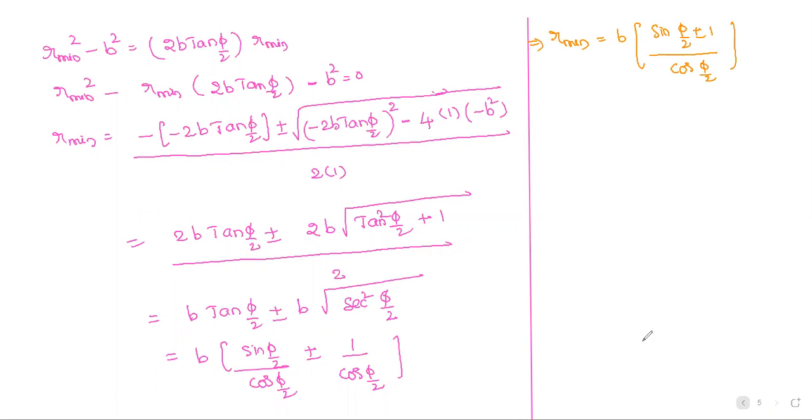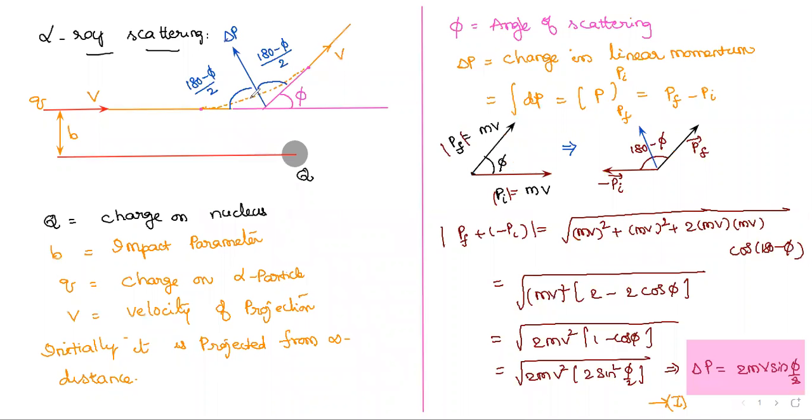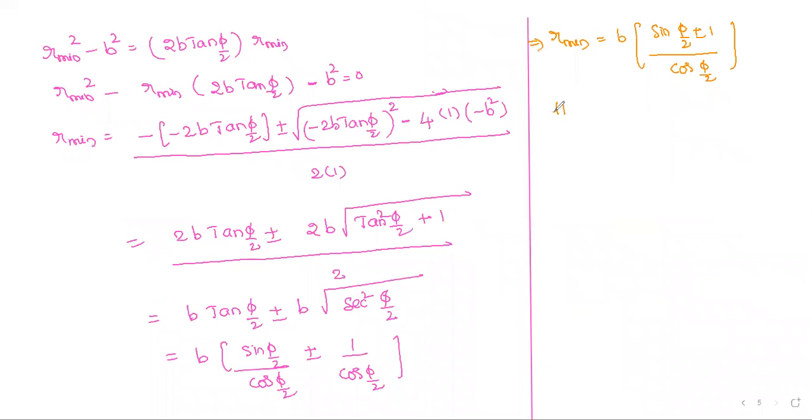Here, if you see, the scattering angle is not 180 degrees. That's already I told. 180 degrees means you have to project along this red line, then only it will turn back. Not 180 degrees means phi is less than 180 degrees, the scattering angle. So phi by 2 is less than 90 degrees.